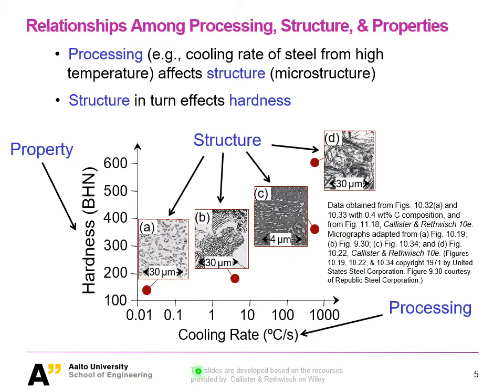Yeah, so we're showing you one diagram. The x-axis is so-called cooling rate. You probably didn't know at that time what cooling rate really is referring to. I think now you know it very, very well. And the y-axis is about hardness. So maybe you remember this is Brinell hardness. And this is so-called property.